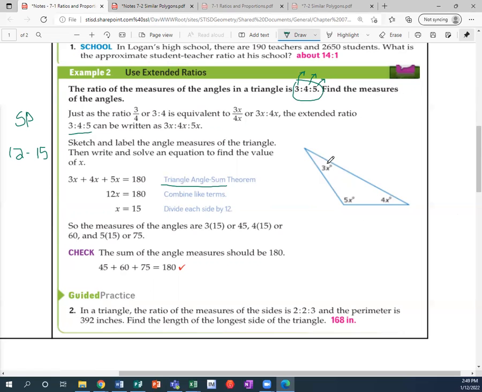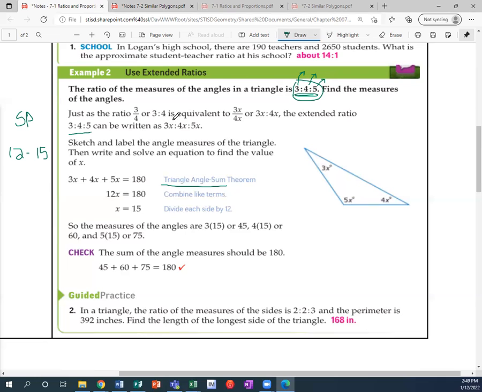So this angle is 3 times x, this angle is 4 times x, and this angle is 5 times x. Well, instead of writing all that, we can just condense it to this extended ratio and say that the ratio of the measures of the angles in a triangle is 3 to 4 to 5. And it just makes the whole question take up a lot less space and a lot less ink.